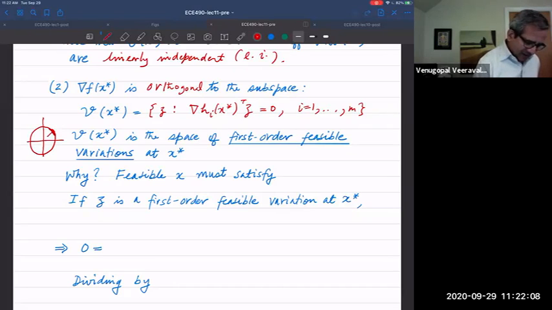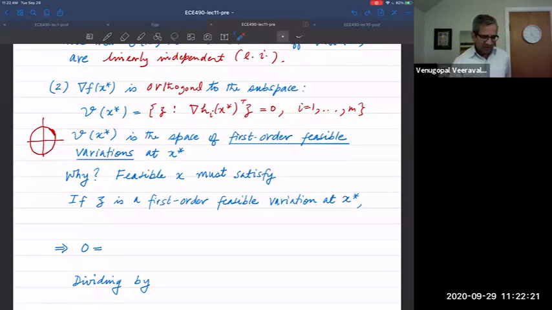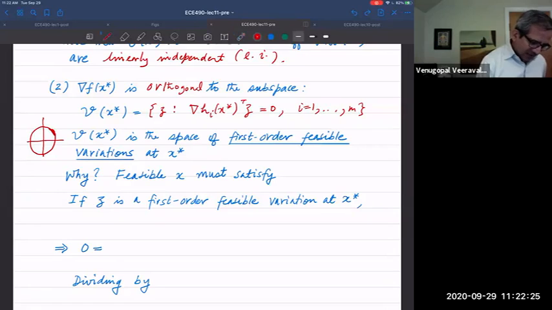Those are the first order feasible variations. But why is V of x star the one that satisfies these conditions? Let's say x star is this point here. Why is the space of all first order feasible variations at x star captured by V of x star?